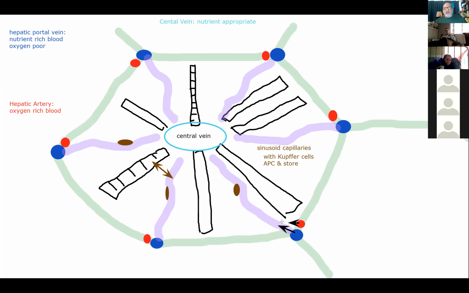We have oxygen-rich blood coming from the hepatic artery, and they are both feeding into these sinusoid capillaries, where that blood is then mixed and processed, becomes nutrient appropriate as it enters this central vein. And this central vein feeds into the hepatic vein. And where does the hepatic vein go? Vena cava.